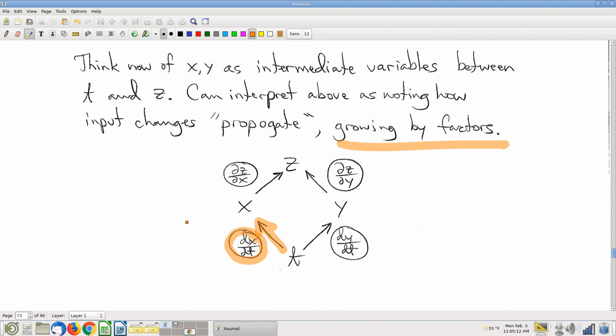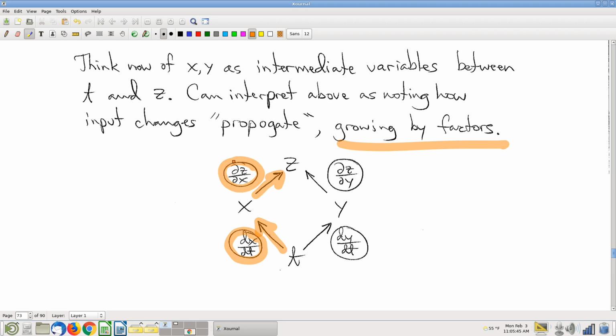Okay, now, here's the thing, though. That tells you how much x changes, but I also want to know, given an x change, how much does that change in x grow by to turn into how much z is changing, through that path? Well, we have an answer to that question as well. The relationship between x changes and z changes, how much the change magnifies along that path? Well, it's the partial of z with respect to x.